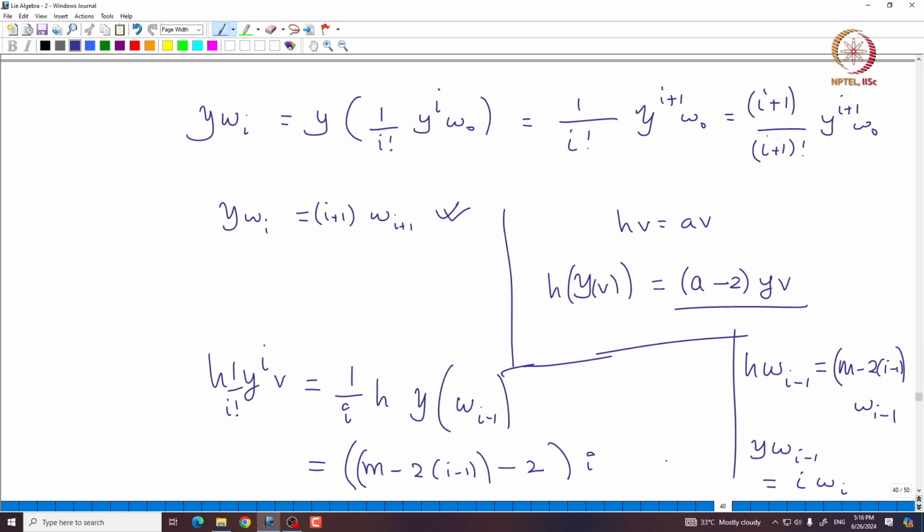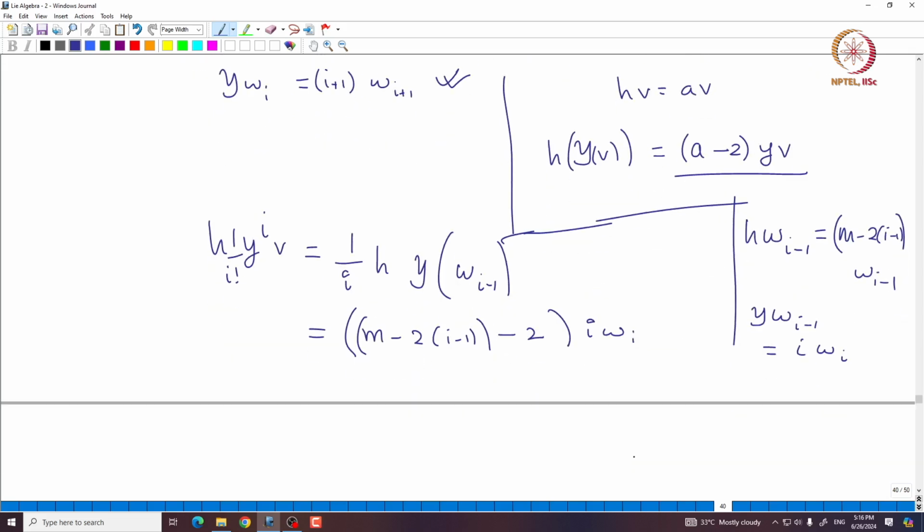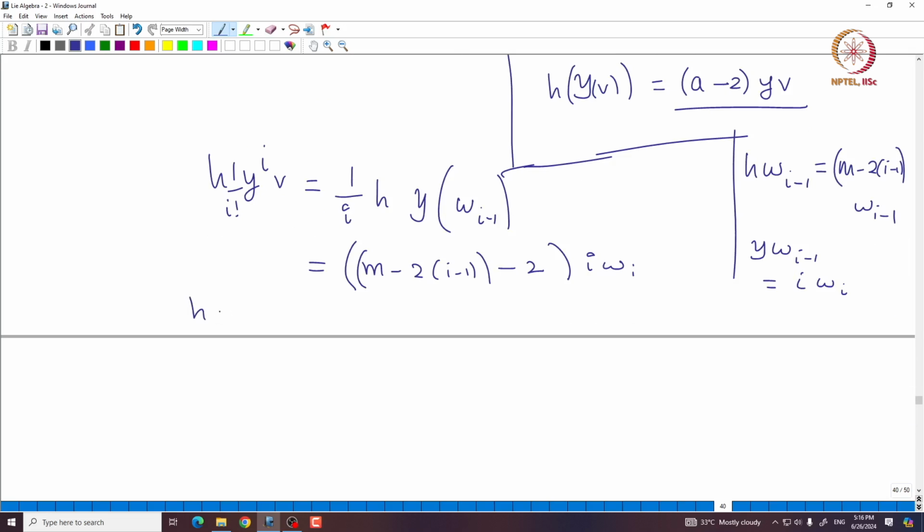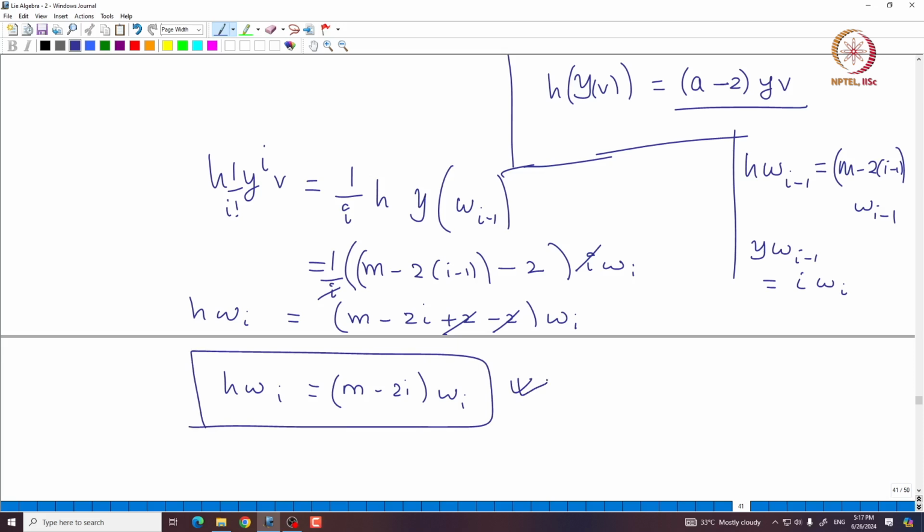So, this is going to be I times W I. So, then we get h W I equal to m minus 2 I plus 2 minus 2. So, this gets cancelled. So, here 1 divided by I is there. So, this I gets cancelled and gives you W I. So, h W I is exactly m minus 2 I W I. Okay, this is also verified.